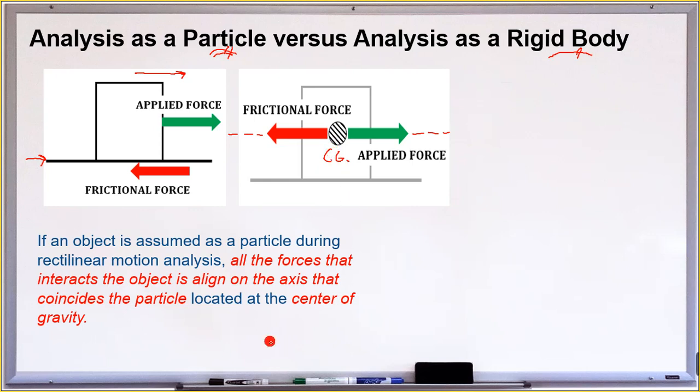Remember problem number 2 from the previous lesson? We have two blocks connected via a rope, and the other block is hanging.